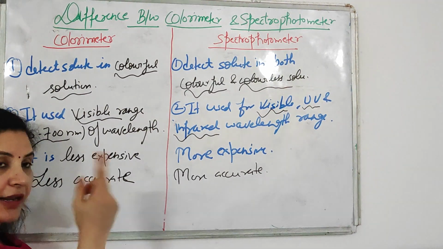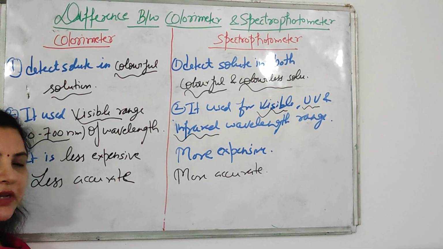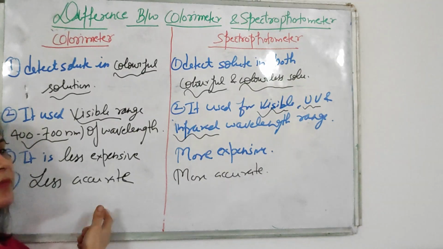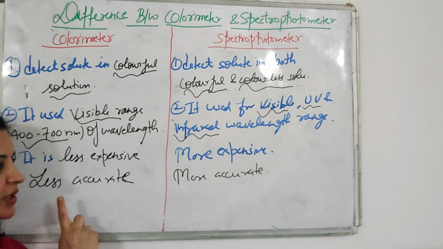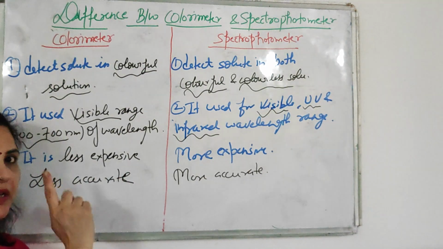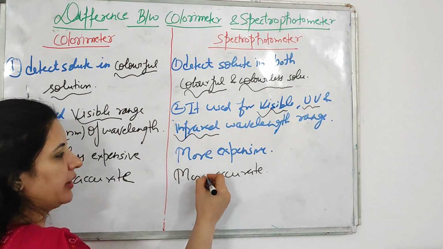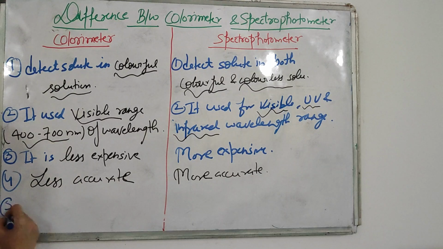That color you want for detection of your OD didn't generate while you were heating. So there may be chances of error. That's why, because of using a colorful solution, the accuracy of the colorimeter is less, while the spectrophotometer is more accurate. Got it?